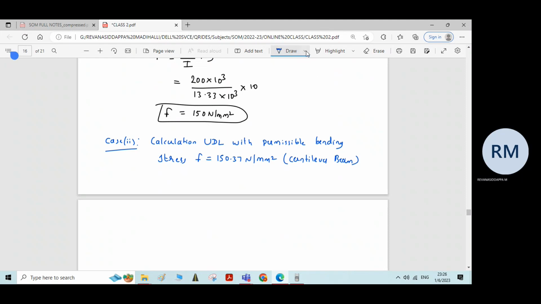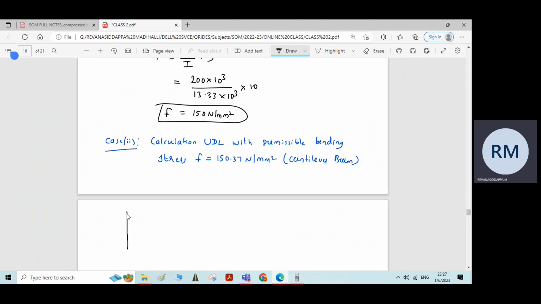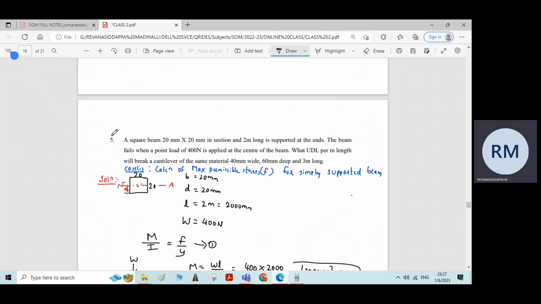Okay. Now the cross-sectional dimension for the cantilever beam is different. It is given as 40 mm by 60 mm, correct? B is equal to 40 mm, D is equal to 60 mm. Here I'll write it. B is equal to 40 mm, D is equal to 60 mm. And cantilever of length 3 meter.